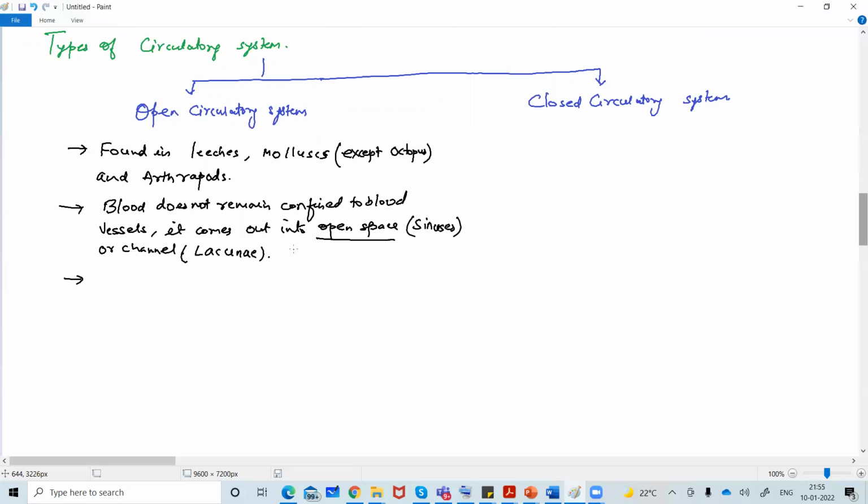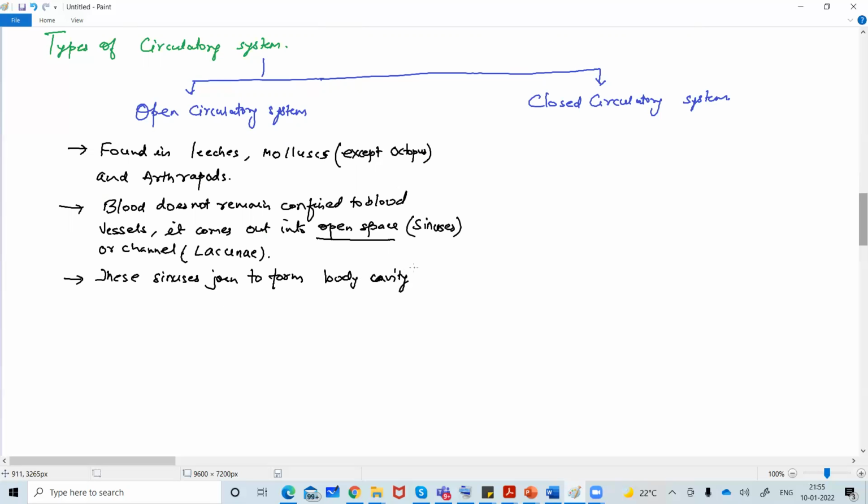In animal classification we have discussed these two openings. These sinuses actually join to form body cavity. That's the role of the sinuses. Next point, these sinuses, the open space, join to form body cavity.